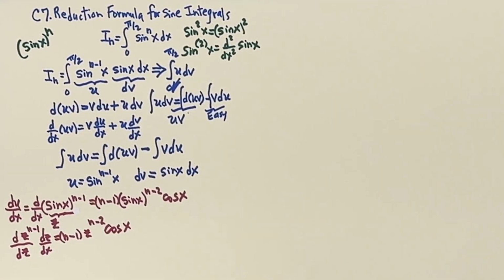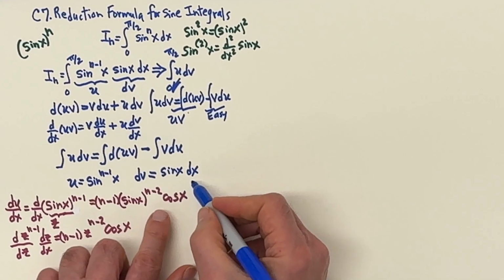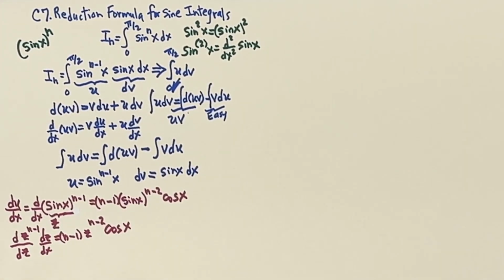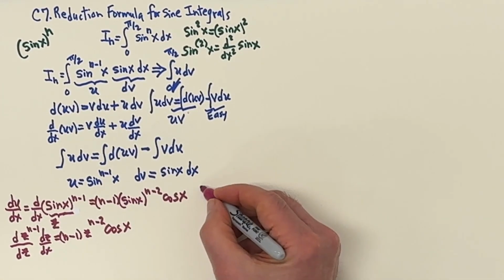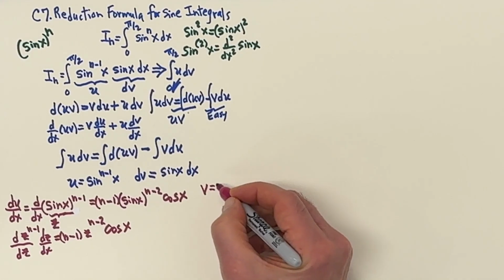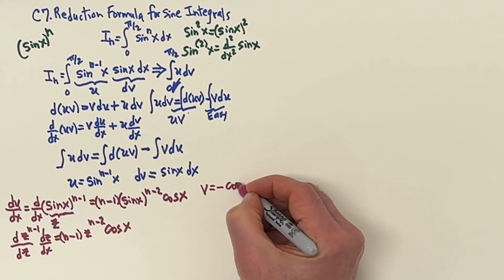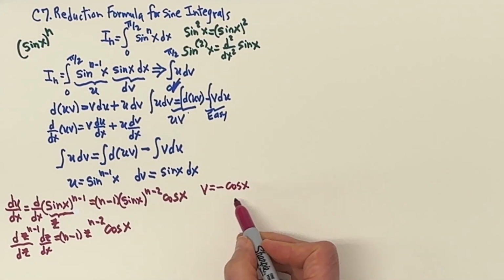Okay, so now that we have that, we want to get here the v. Well, that's easy because v would be equal to minus the cosine of x.